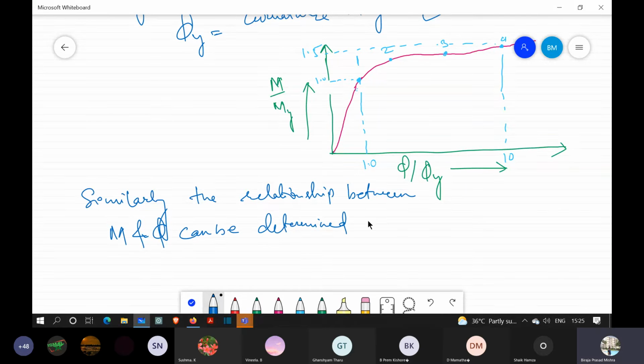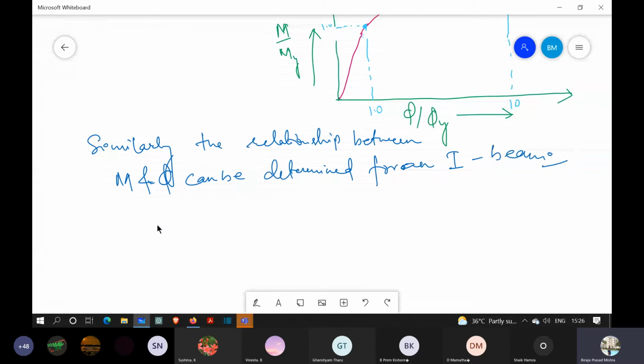for an I section, or I section beam, or I beam, you may write, for an I beam. Okay, now for this I beam there will be again two cases.